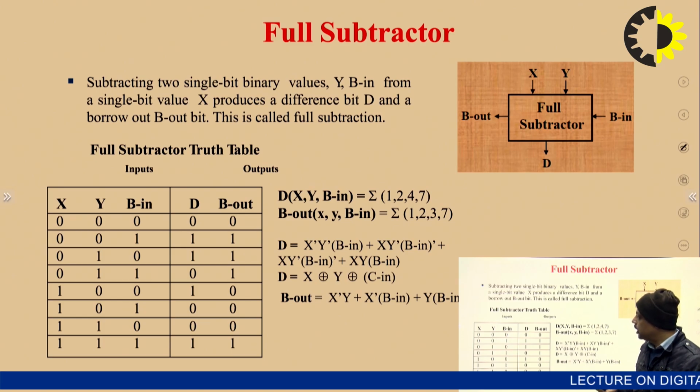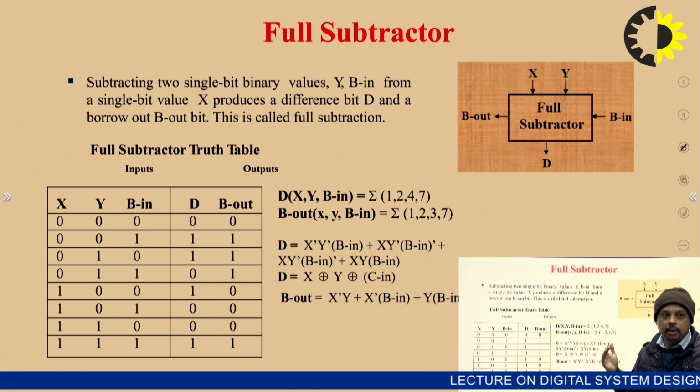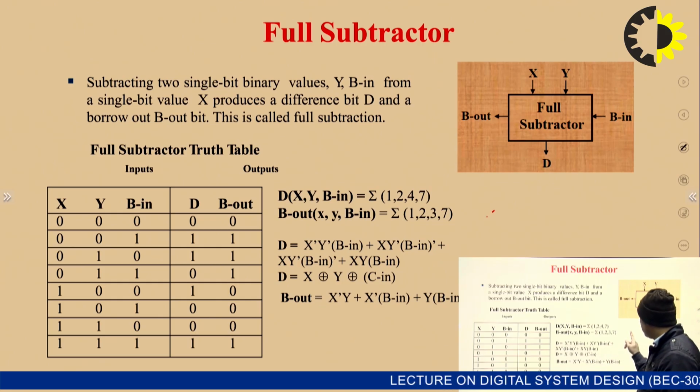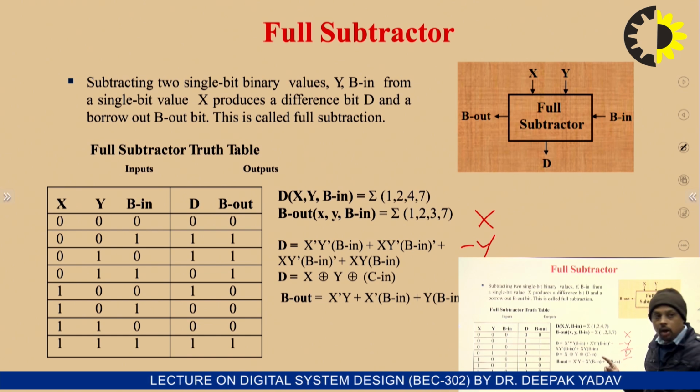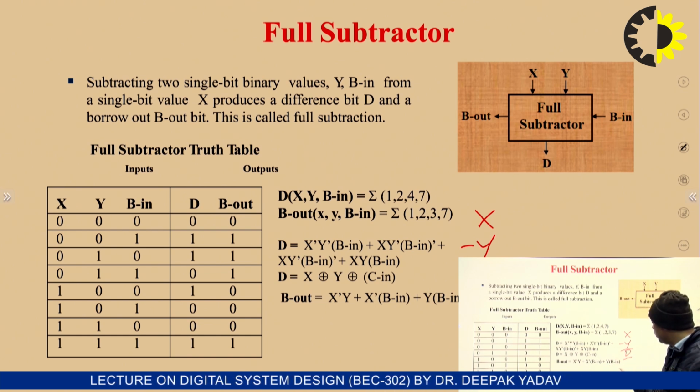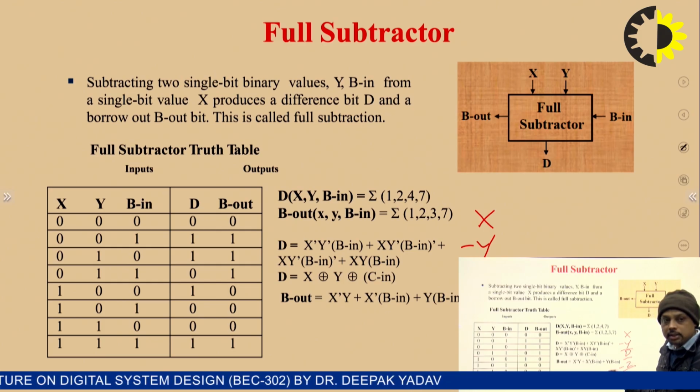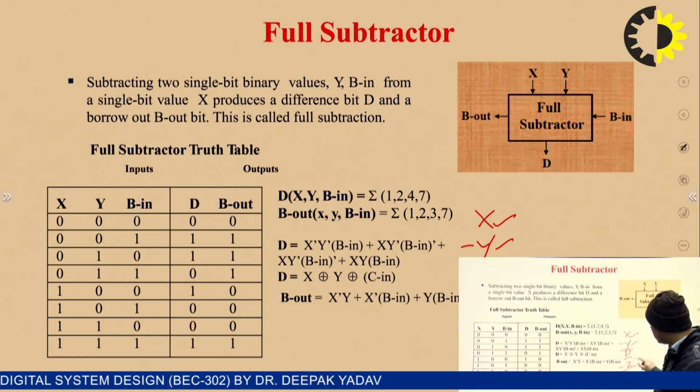Now the full subtractor is needed if we want to subtract multiple numbers, like we have the subtraction x minus y, and let the result be the difference. Now if we want to subtract another number z from this difference, then we need a 3-bit complete subtraction.